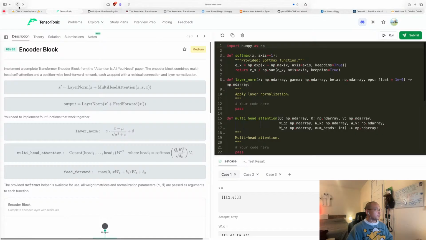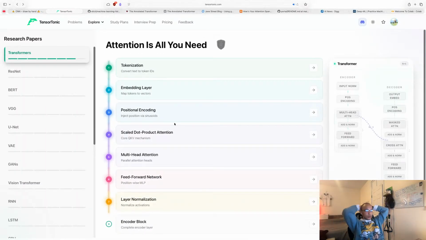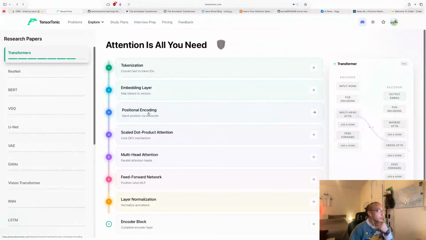All right. So just before that, let me take stock of where I'm at and what we have covered in the Attention Is All You Need paper. We covered tokenization, which is a method to convert text to integers, and then the embedding layer, which is a mapping from token IDs to vectors in some embedding space.